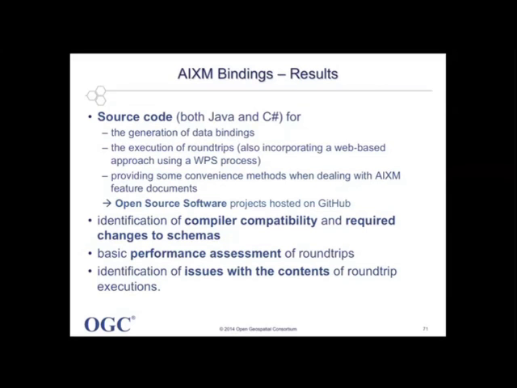Besides the source code, results in the engineering report include the identification of compiler compatibility and required changes to schemas, the basic performance of the round trips, and of course the identification of issues with the contents of the round trips, if elements are missing or any content is not as expected in the AIXM documents.